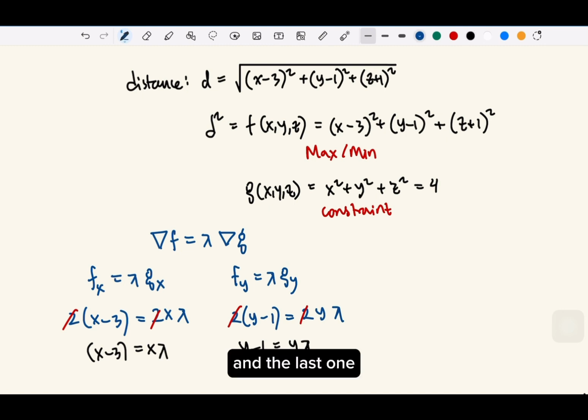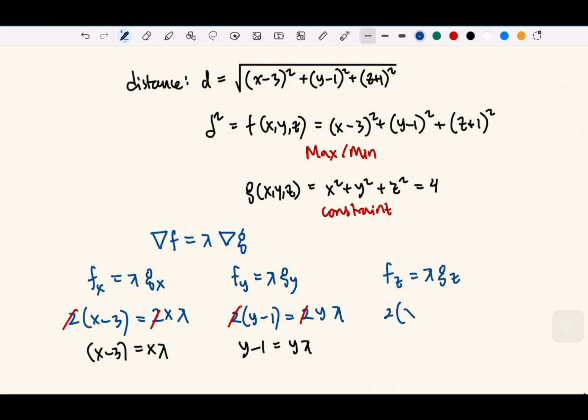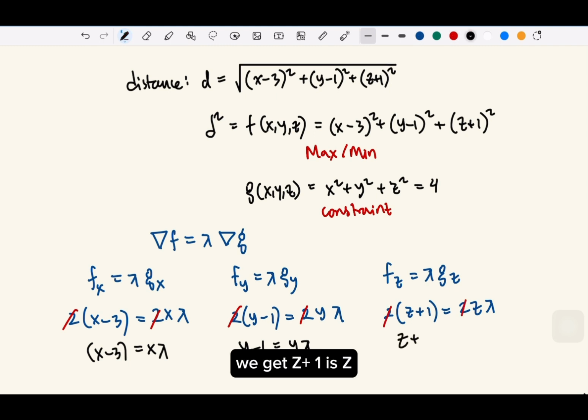And the last one, and similarly we get z plus 1 is z lambda.